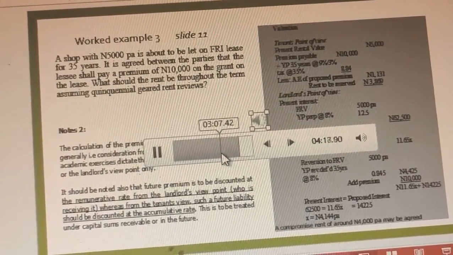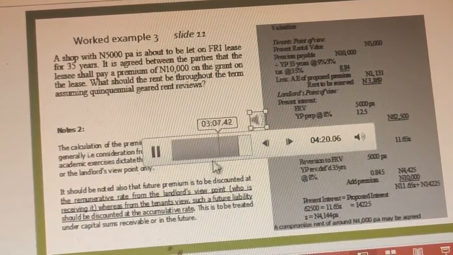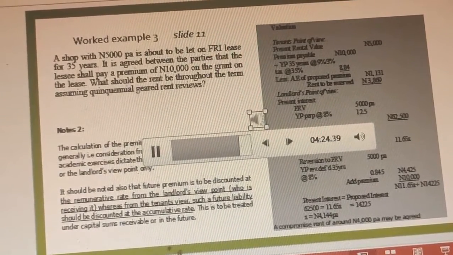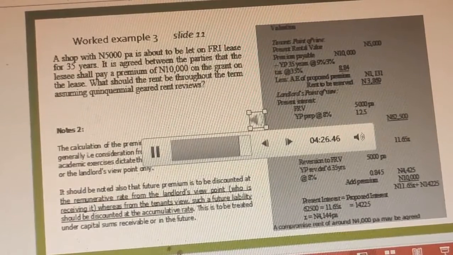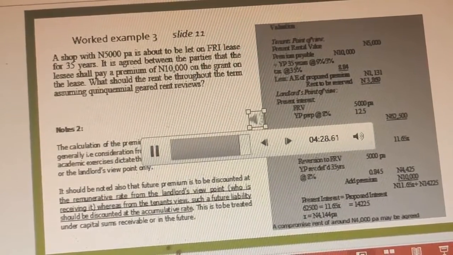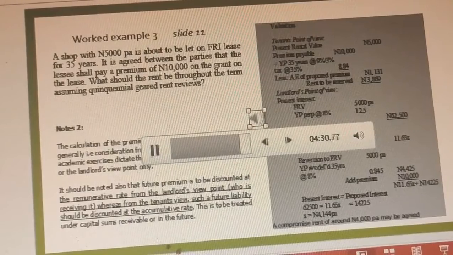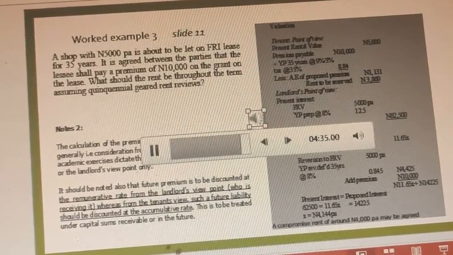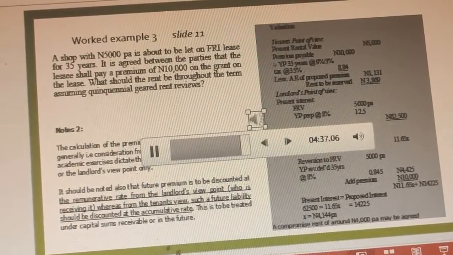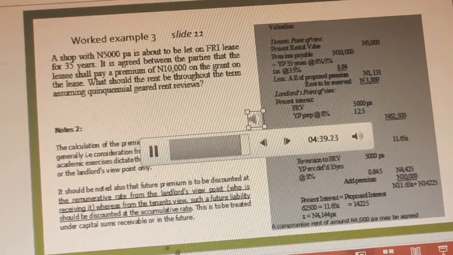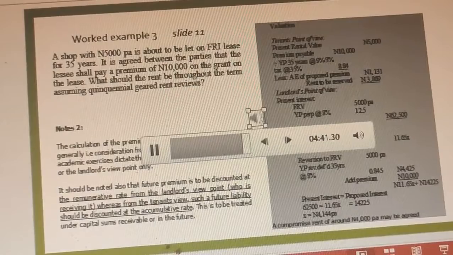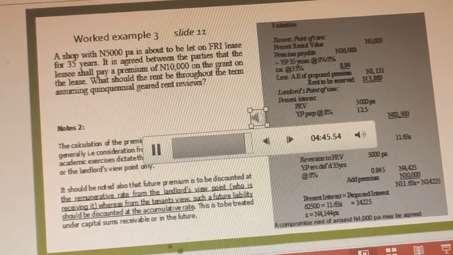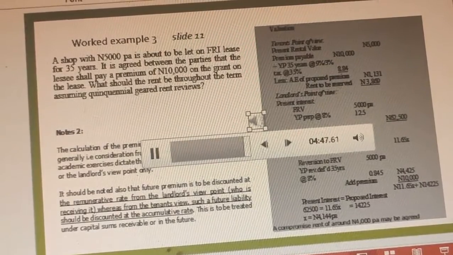This will be reflected a little bit, but will be considered, if you have not already done it in the lower classes, under capital sums receivable in the future. Because if a capital sum is receivable and it has to be paid as a liability, it will be taken at accumulative rate from the tenant's point of view and at remunerative rate from the landlord's point of view, who is receiving it.